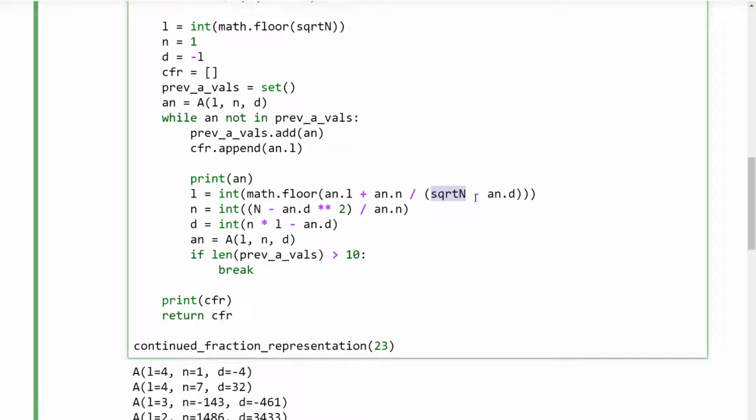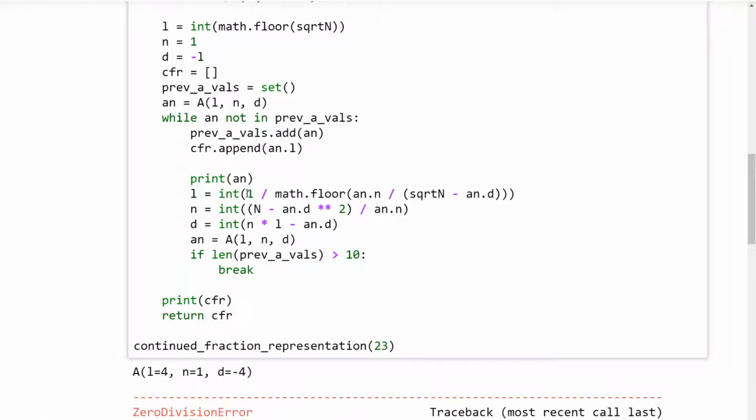Oh, the previous AL shouldn't be included. We should remove this, and we do another of this number. And we remove the math flow.